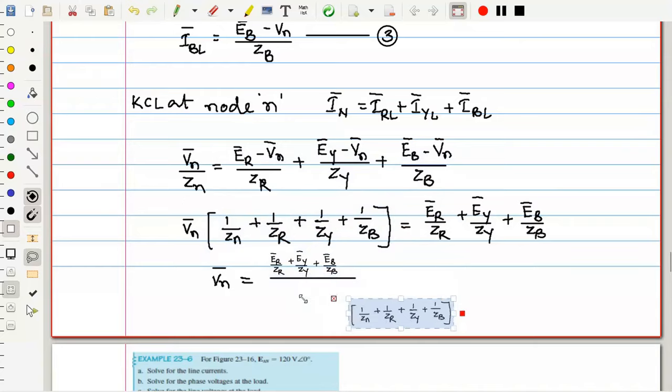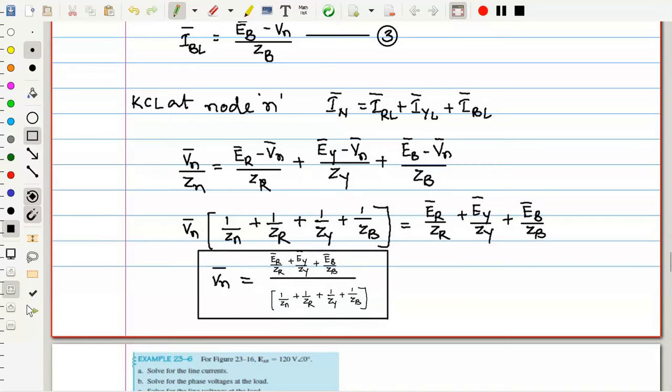In this way you can get the neutral voltage once we know the source voltages and the load impedances. So this is a very important expression. Observe how it comes into the final form: ER by ZR, the R phase source voltage divided by the R phase impedance.